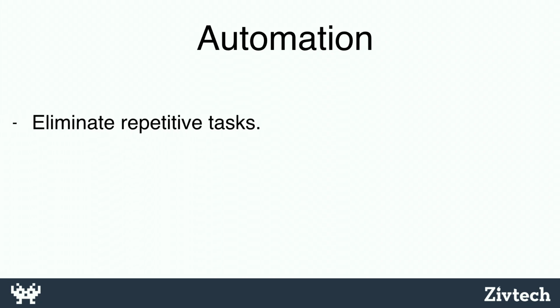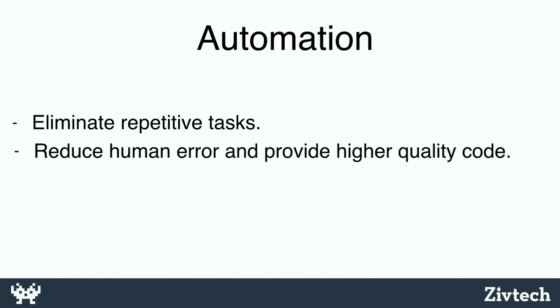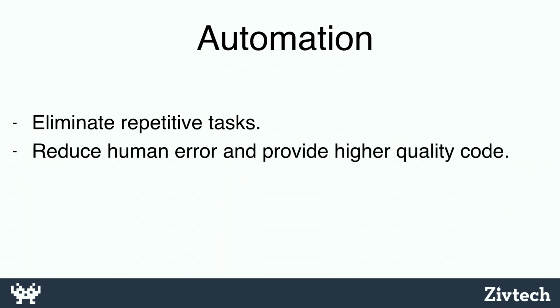Automation. This is a fun one. Who likes to do repetitive tasks? Nope, I didn't think I would see any hands on that. So really what we're looking to do here is eliminate these repetitive tasks, right? Another big thing in automation is that we want to reduce human error and provide higher quality code to our clients.